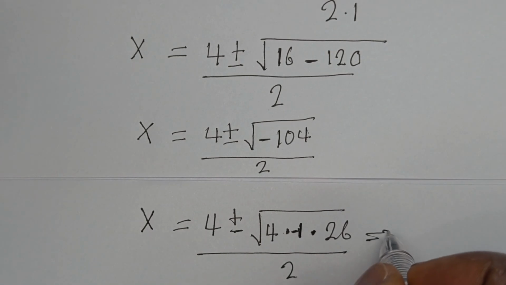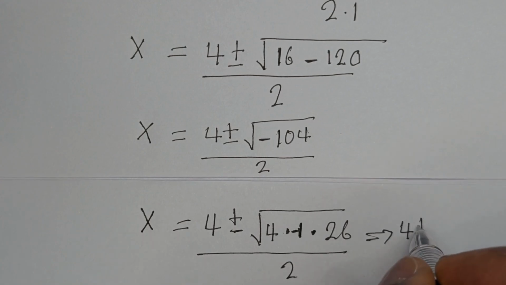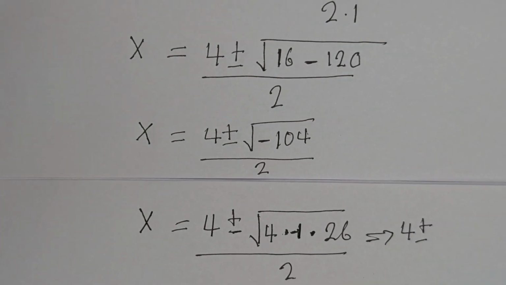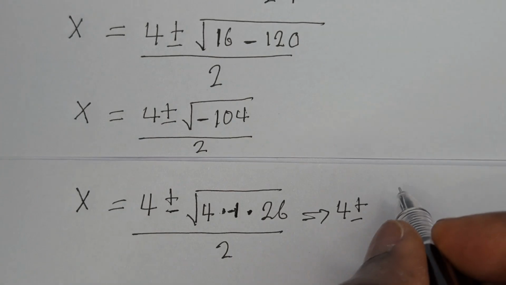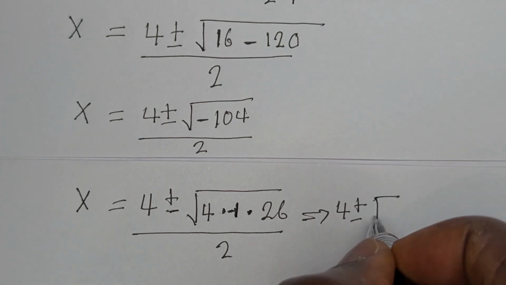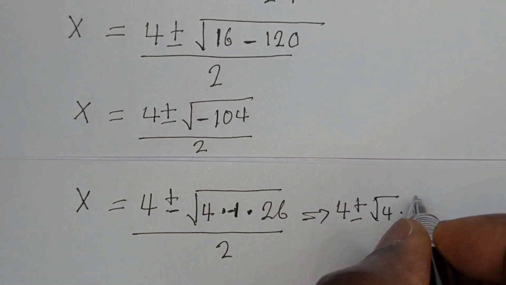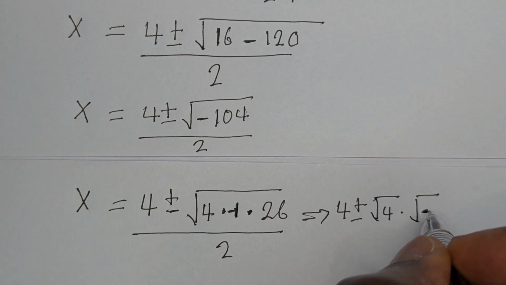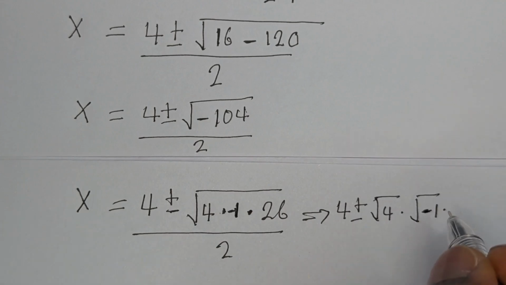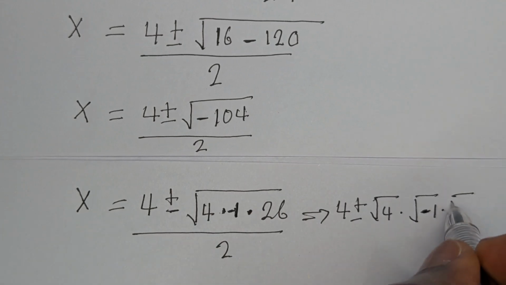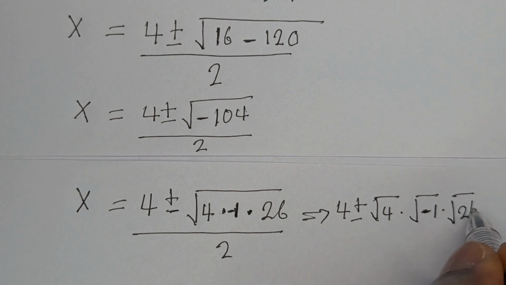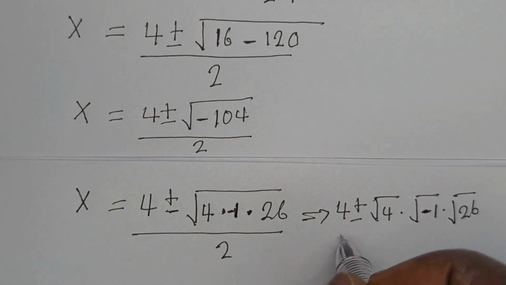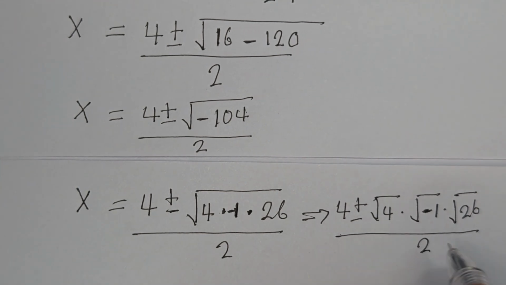Then this is the same thing as 4 plus or minus, here we have square root of 4 multiplied by square root of minus 1 multiplied by square root of 26 over 2.